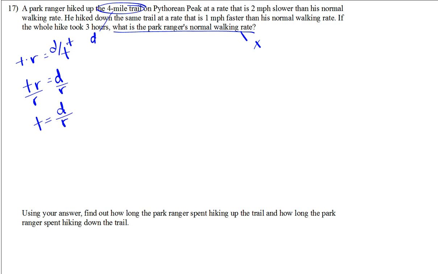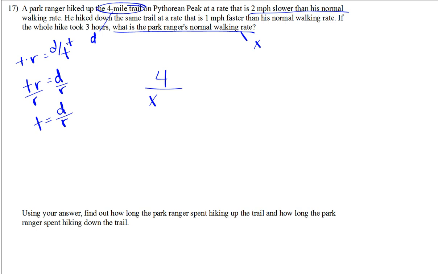Okay? So, first part of the trip. The distance that the park ranger covers is 4 miles. And how fast is he going? What's his rate? We're talking about miles per hour here. So it says that his rate is 2 miles an hour slower than his normal walking rate. So let's say his normal walking rate is x.